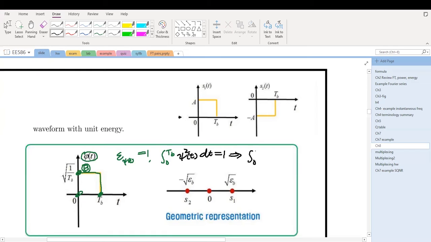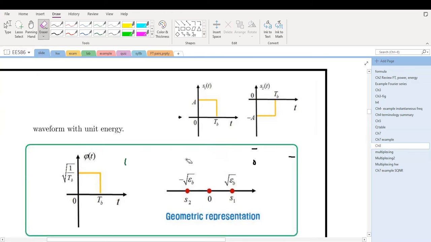Therefore, we have the integral from 0 to Tb of b squared dt, which equals b squared Tb, and that should equal 1. So what's b? b is the square root of 1 over Tb.